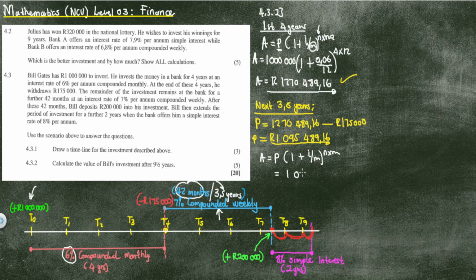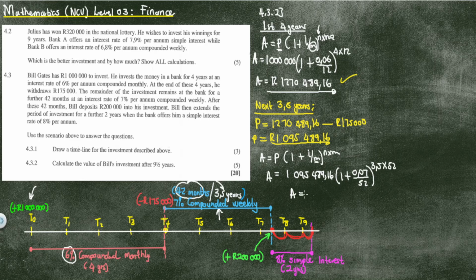It's that 1,095,489.16. 1 plus, what is the interest rate? It's 7% this time. Dividing the 7% by 100, we get 0.07. What is m? m is the compounding period. It's weekly, so it's 52. Then it's going to be 3.5 multiplied by 52.